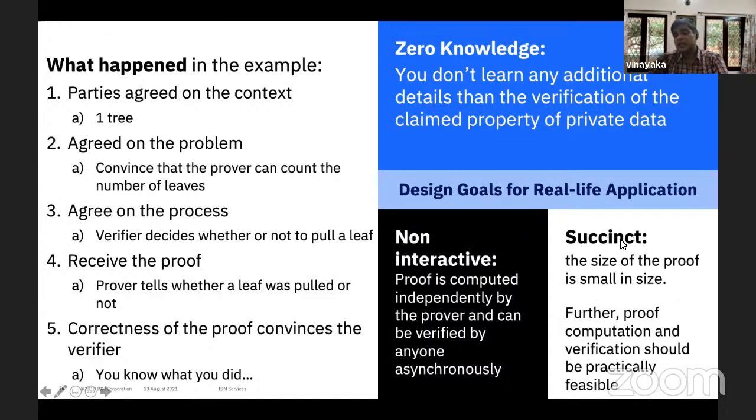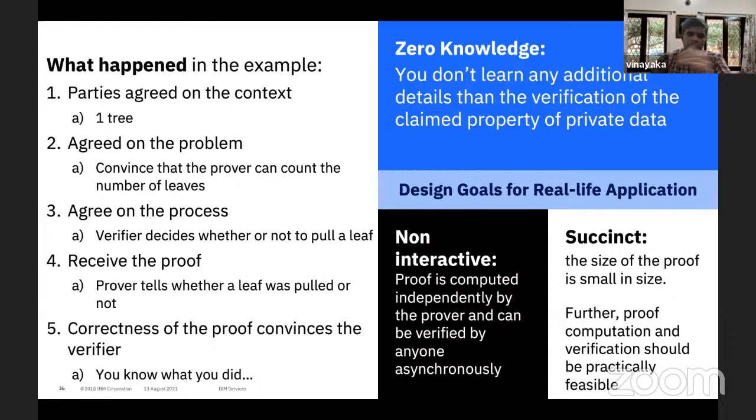Second is a lot of research has gone into making the size of the proof succinct. Okay, in this particular example, the proof sizes were very small, but whenever you get into something which is slightly non-trivial and it has to be non-interactive, what happens is that the size of the proof becomes like really, really long.